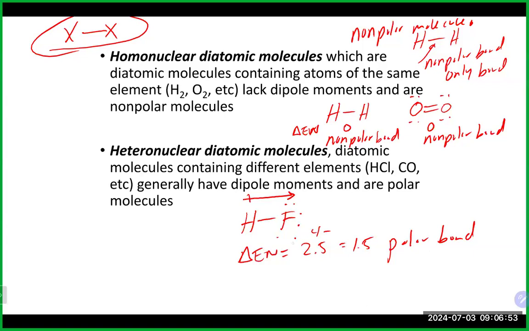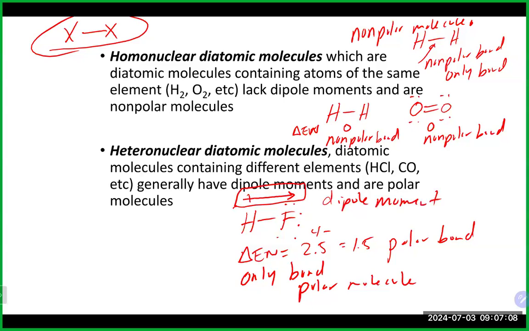And because this is the only bond in this molecule, it would also be a polar molecule, where this would be its dipole moment, also represented by pretty much the same arrow.